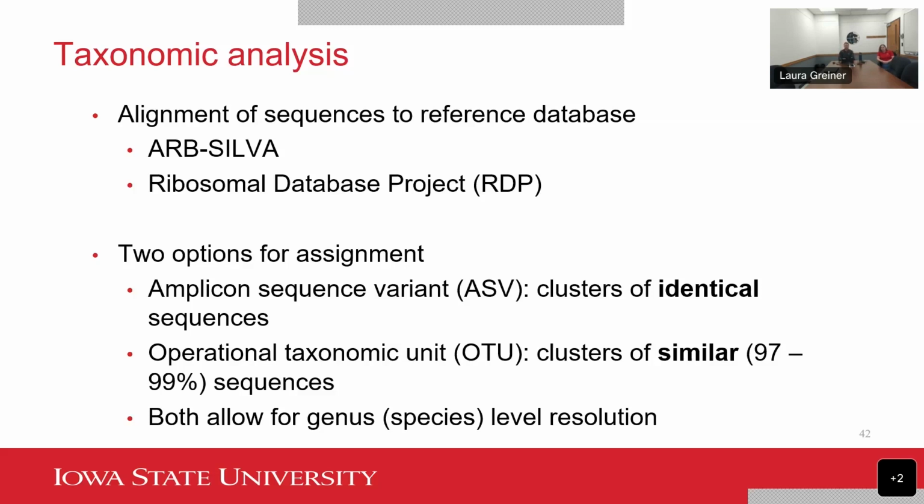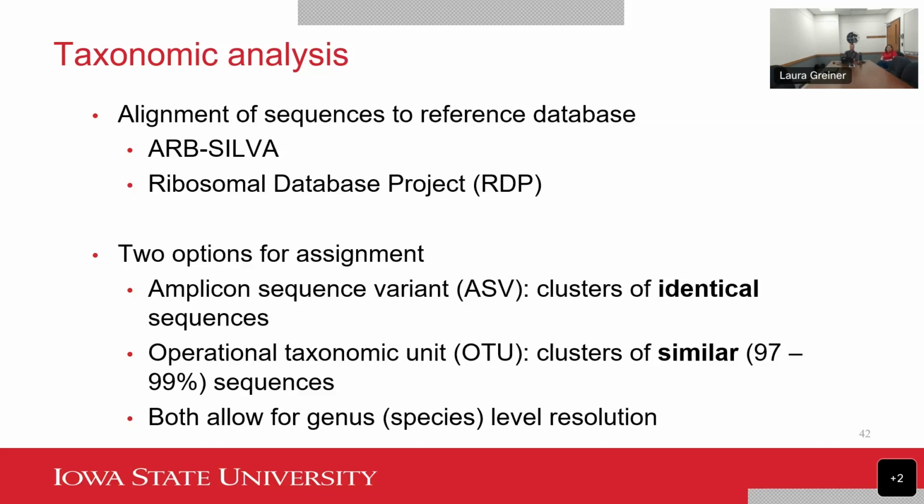One option is amplicon sequence variants, where we're taking those sequences and identifying sequences that are exactly the same. And if those sequences are exactly the same, we would consider them the same species. The other option would be OTUs, or operational taxonomic units. There we're clustering based on similarity.